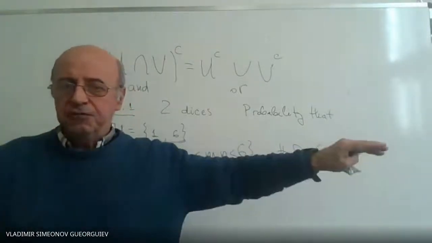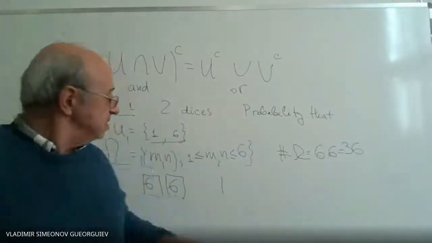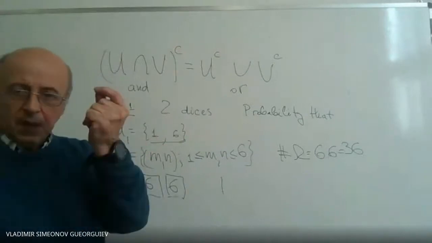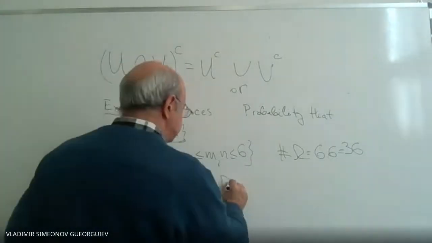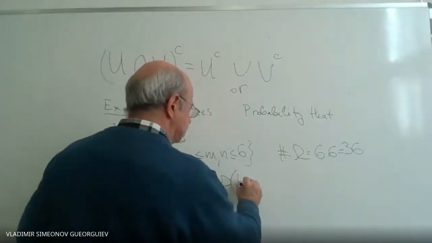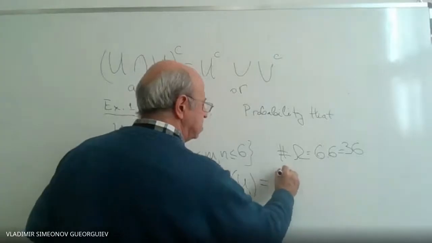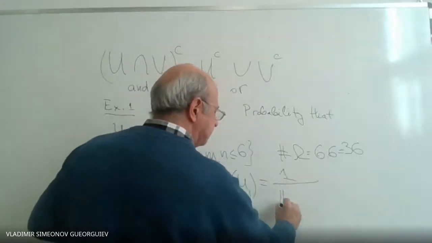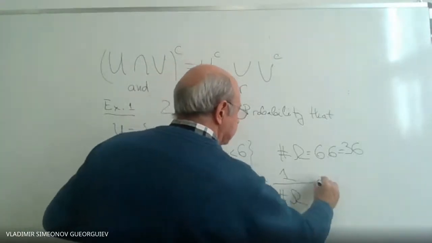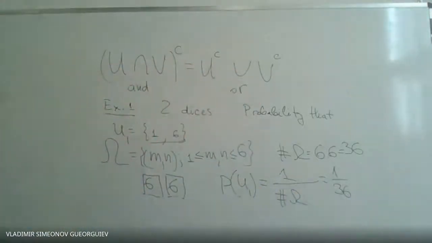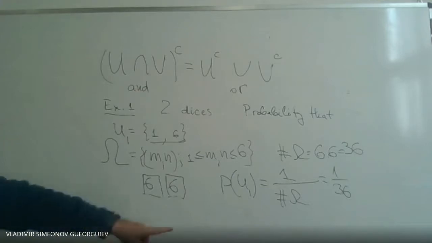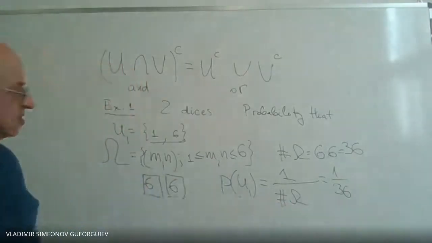Therefore, you have a uniform, unique probability for a set of one element. Therefore, the probability of U1 is 1 over this omega, so this is 1 over 36. Okay, this is a simple case. And this means we have all possible exits, 36.